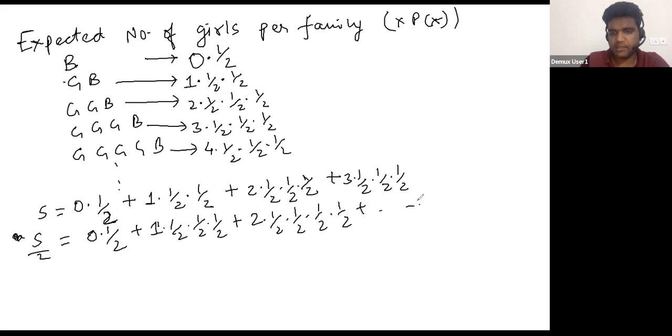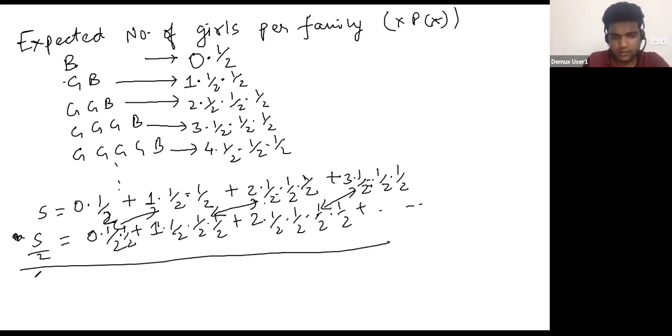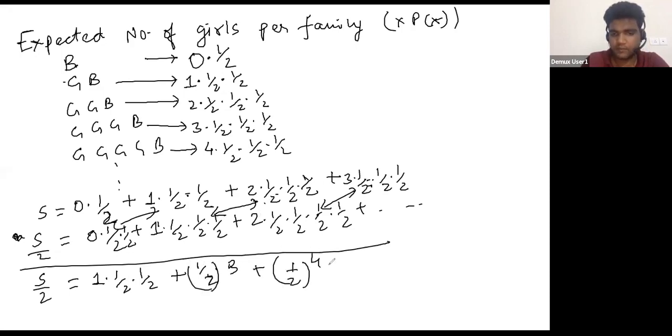Now what happens as a consequence is, see this, these two are subtracted, so it becomes 1. These two are subtracted, it becomes 1. These two are subtracted, it becomes 1. So basically now this becomes S by 2. This is 1 into half plus half into half, 1 by 2 to the power 3, plus 1 by 2 to the power 4, and so on. Right?